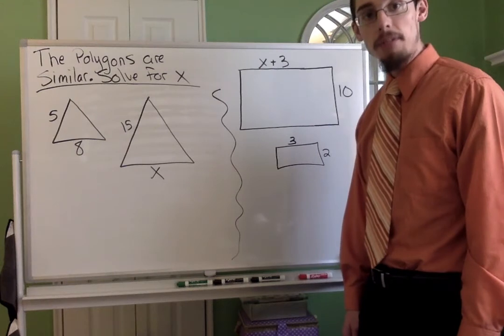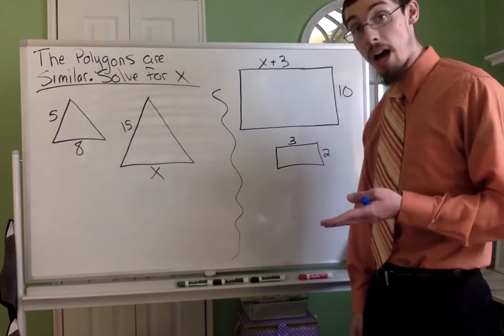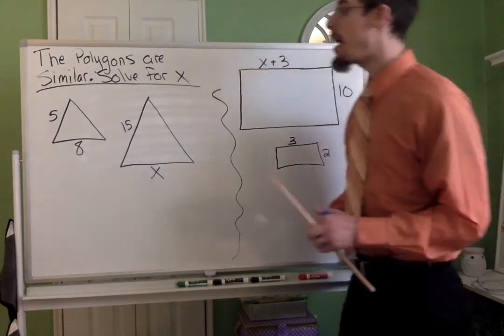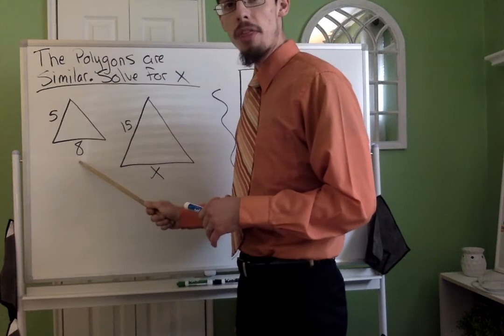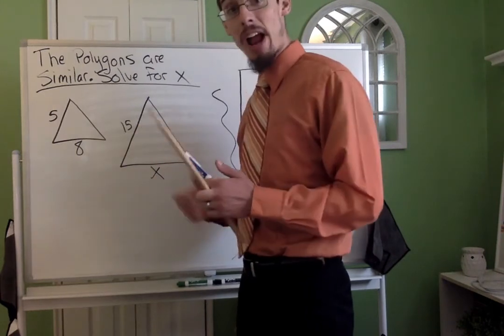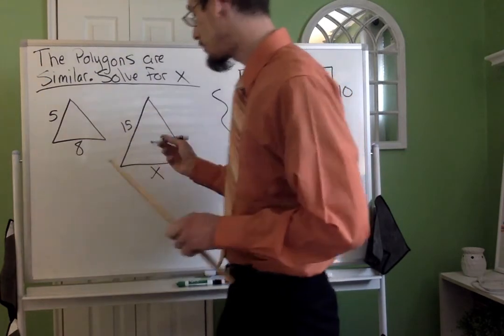So I'm going to have to make proportions. And I have 2 different options. How about I take the 5 over the 8? So let's make a fraction from this triangle, 5 over 8.